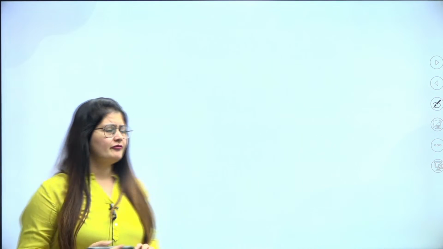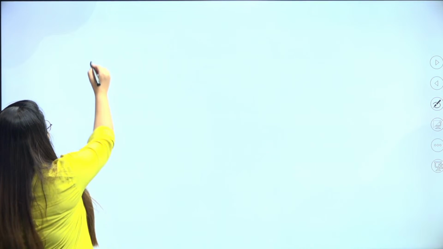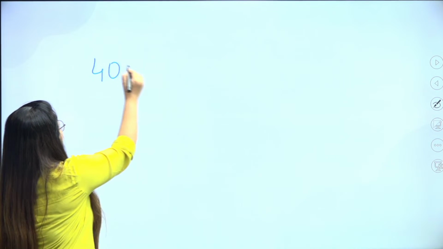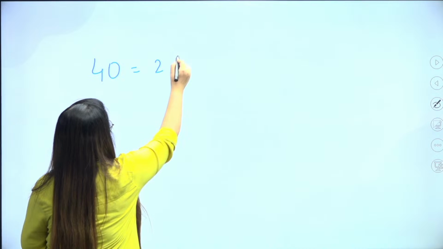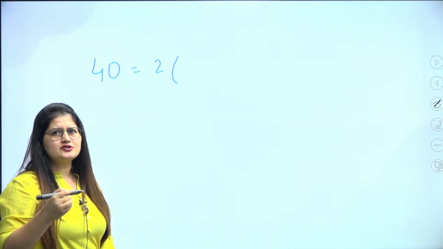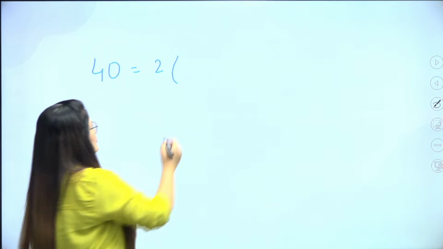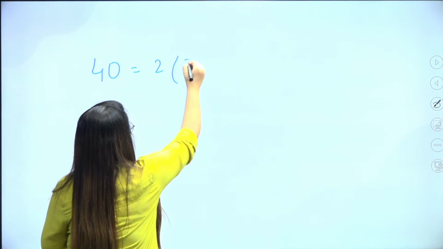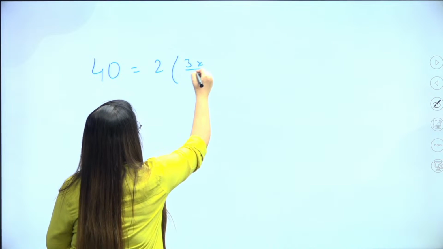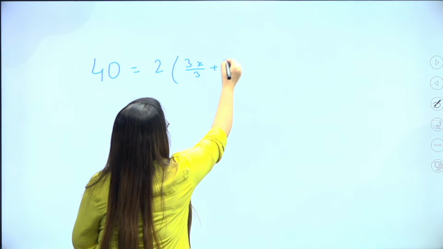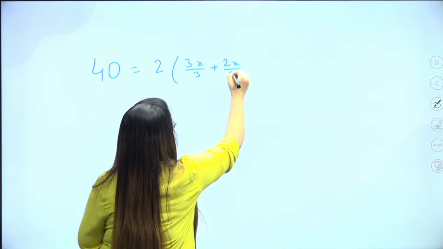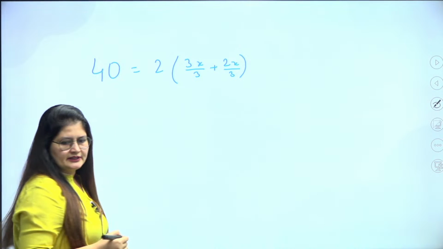So now we have 40 is equal to twice of, and in the bracket we have x plus 2x/3. If we solve it, we know that we can write it as 3x/3 plus 2x/3. This is how we can write it. Yes.